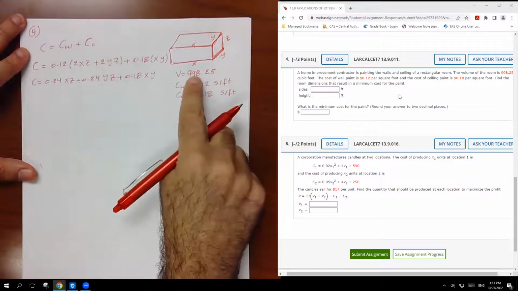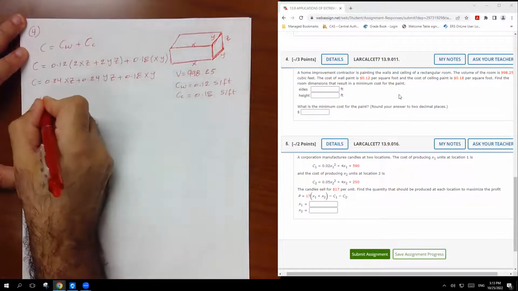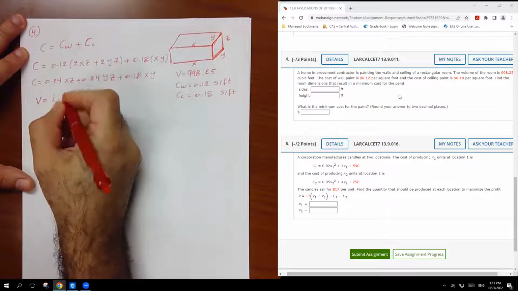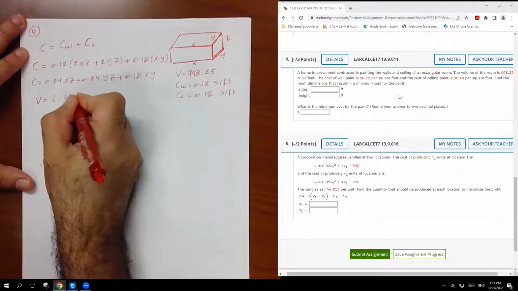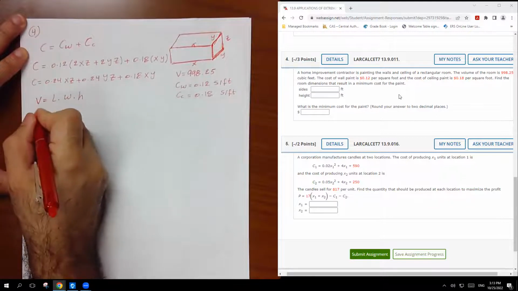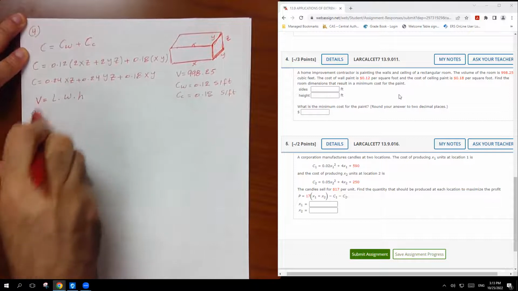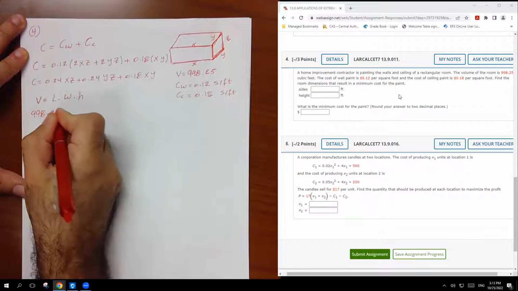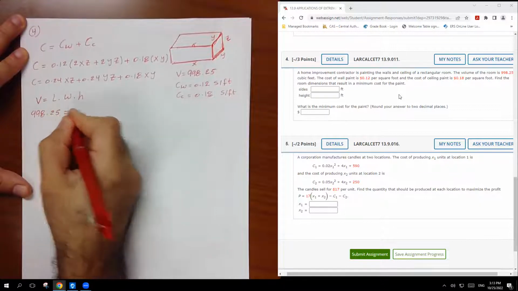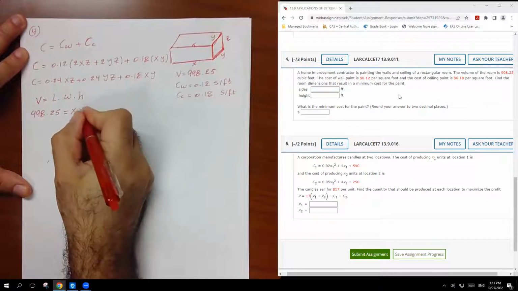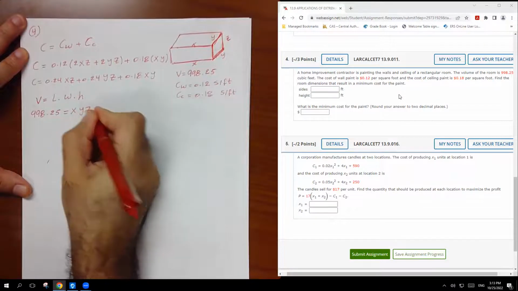We're going to use the volume, because I know the volume of a rectangle is the length times the width times the height. The volume is 998.25, equal to the length x, the width y, and the height z.